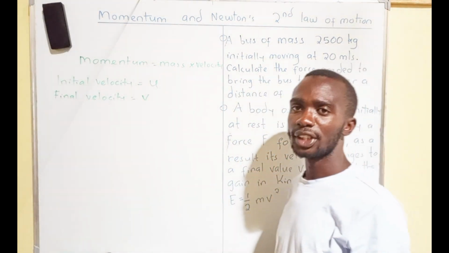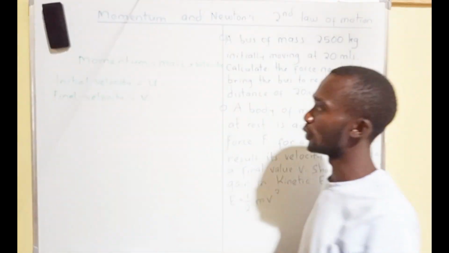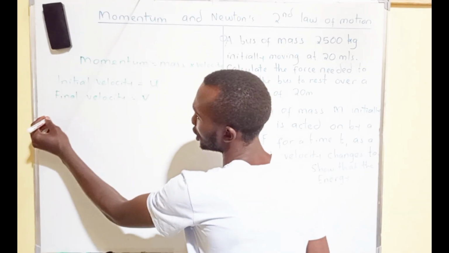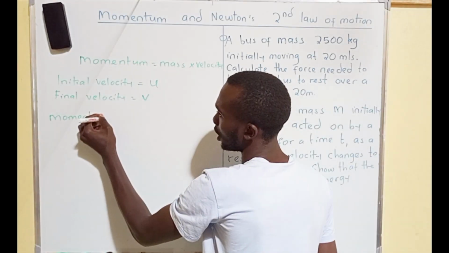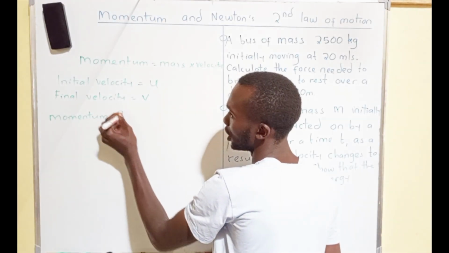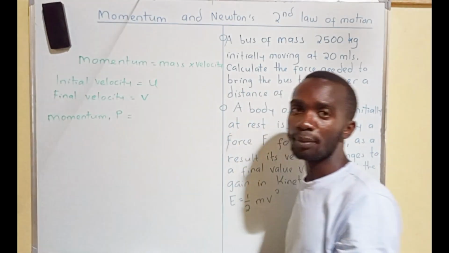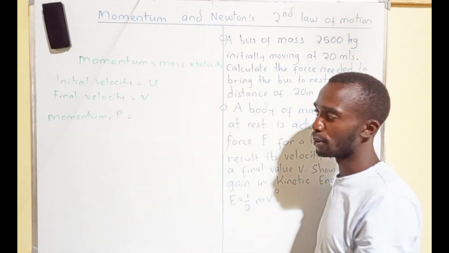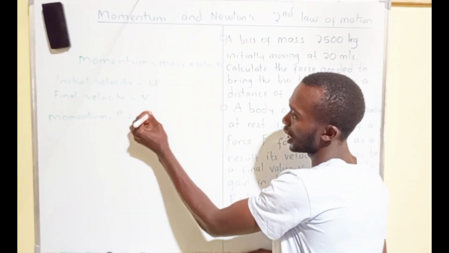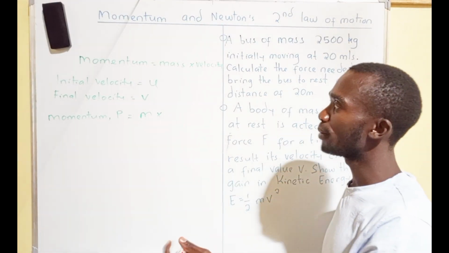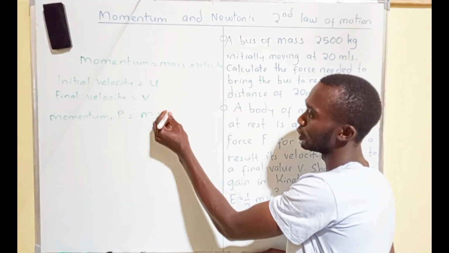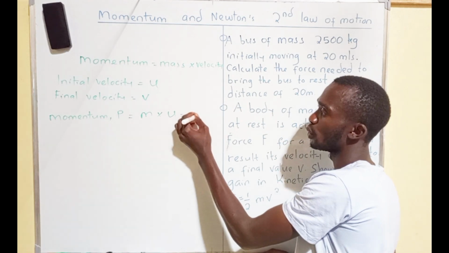Now, momentum is the product of the mass and the velocity. So momentum, denoted by capital P, is equal to mass times velocity. You take the mass and multiply by the initial velocity u, which gives you mu.